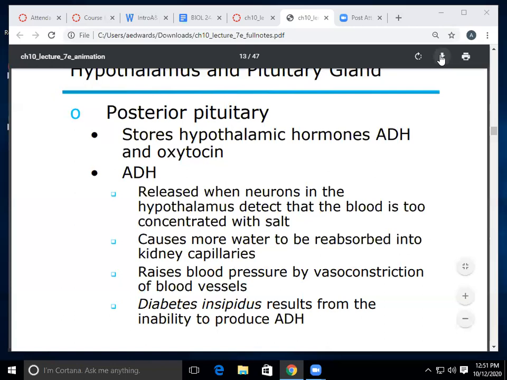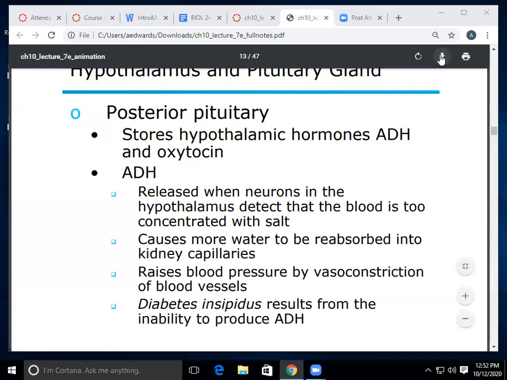So your hypothalamus is making your ADH and oxytocin. ADH and oxytocin are going to leave the hypothalamus and go to the posterior pituitary. And then at some point, they're going to be released out, kind of like translation. So, similar analogy.